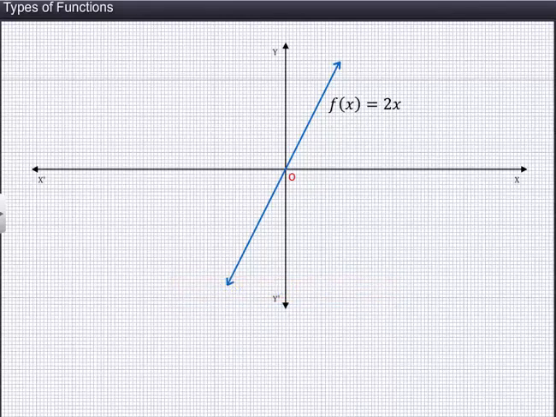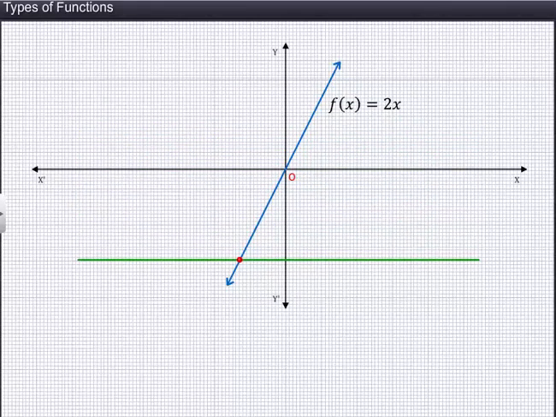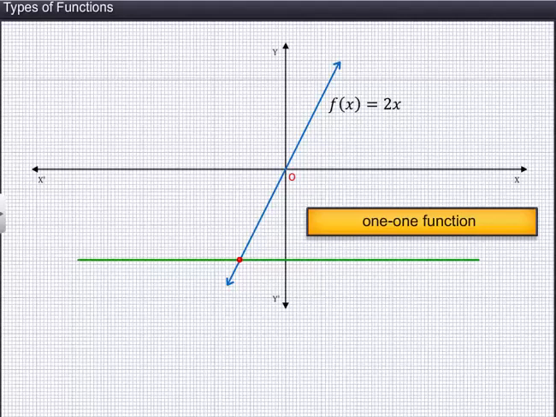To check the injectivity of the function f of x is equal to 2x, we draw a horizontal line such that it cuts the graph. This line cuts the graph only at one place. Such types of functions are known as one-one functions.